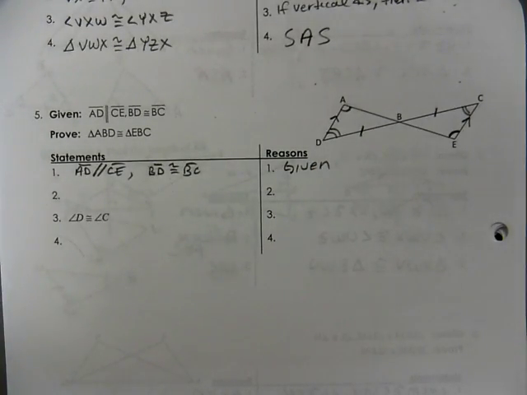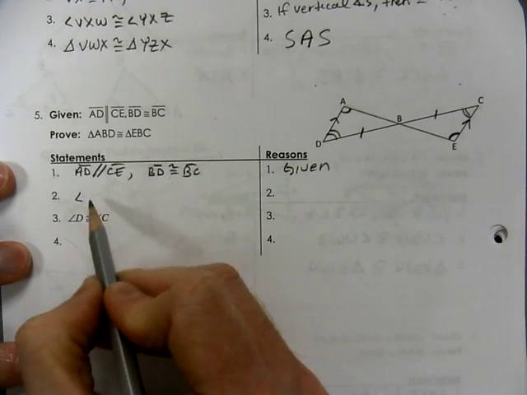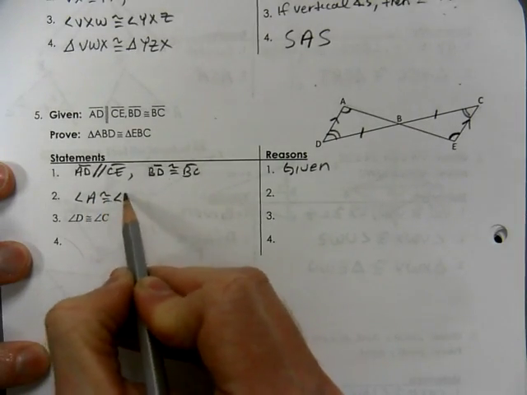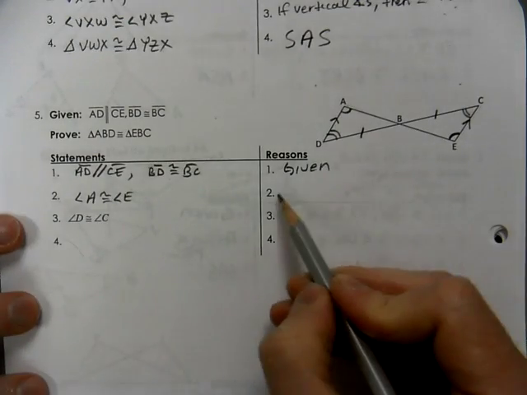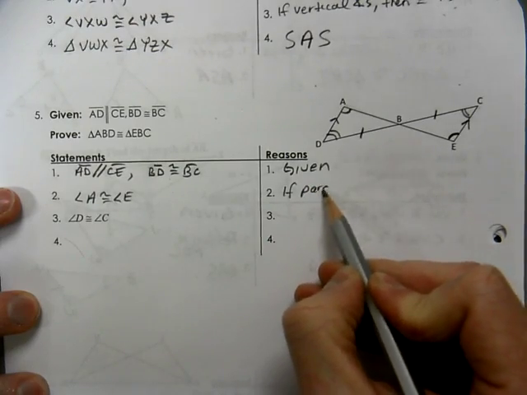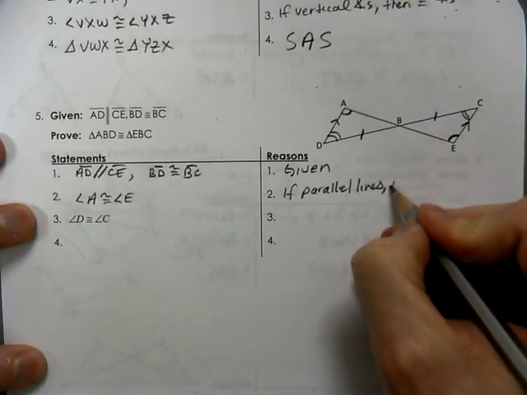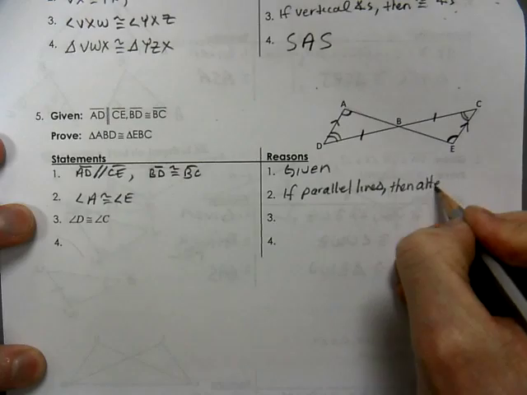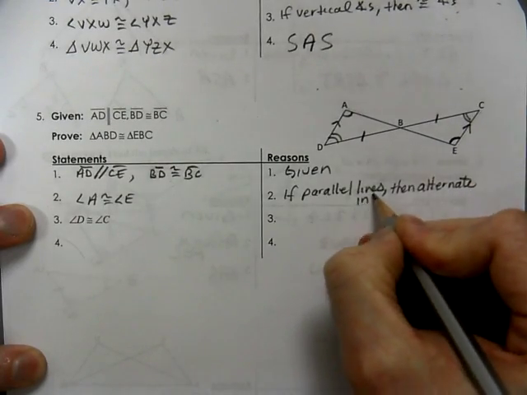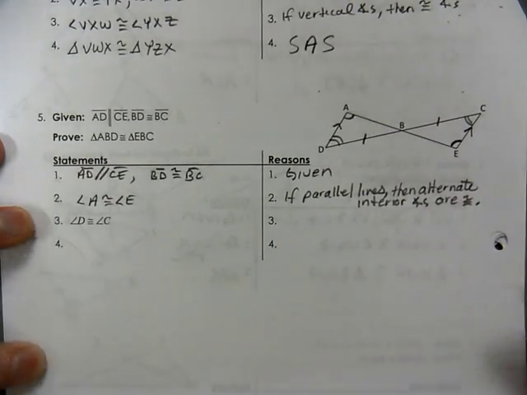Then because we had parallel segments, we know that angle A is congruent to angle E. If parallel lines, that's what we have, it said earlier, then alternate interior angles are congruent.